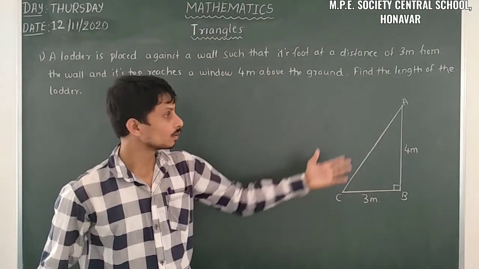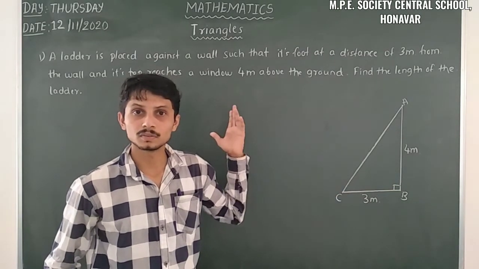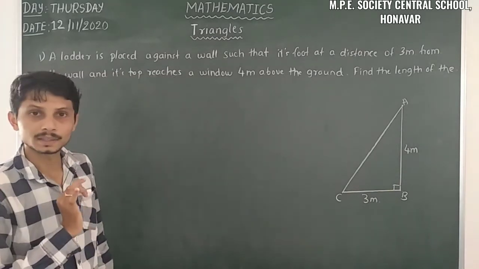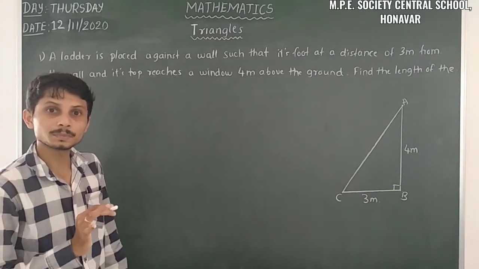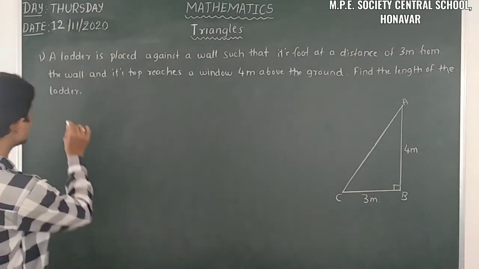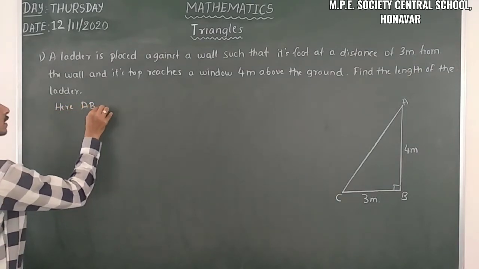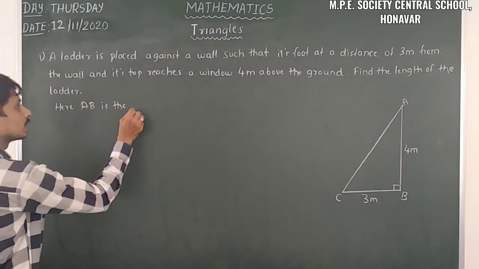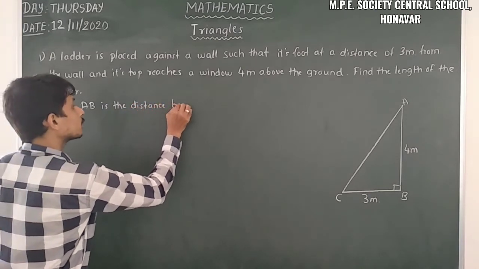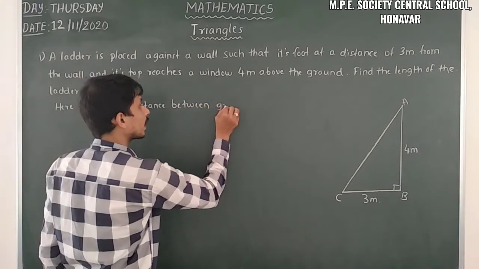Here we have the diagram, and we have to solve this problem. AB is the distance between the ground and the window.